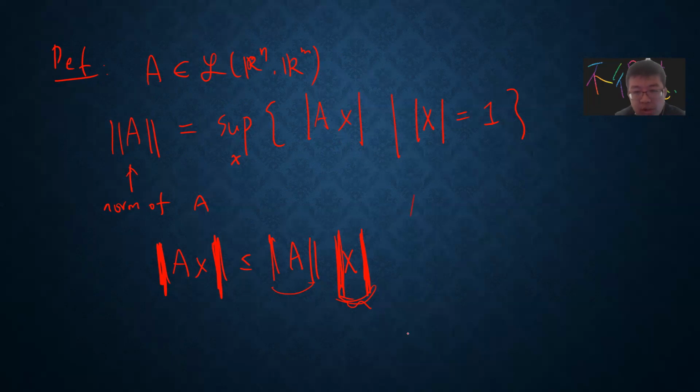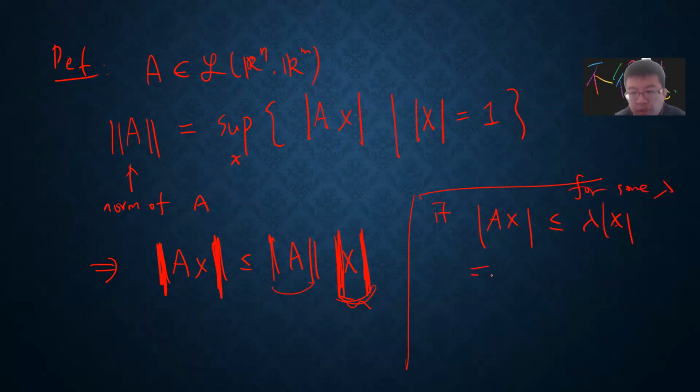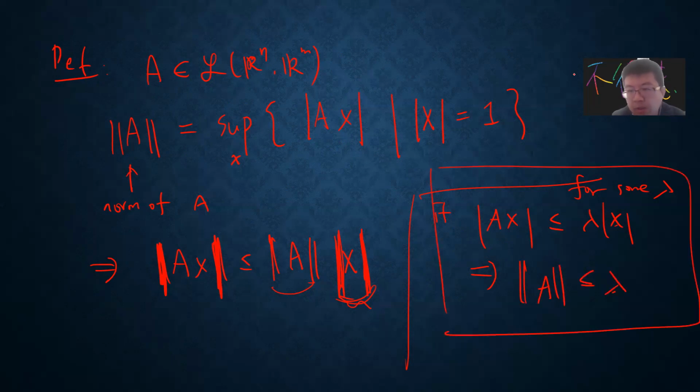Also, you can easily show that if the length of Ax is less than or equal to lambda times the length of x for all x, then since it's a sup, you can take the sup and prove that the norm of A is at most lambda. This is commonly used.